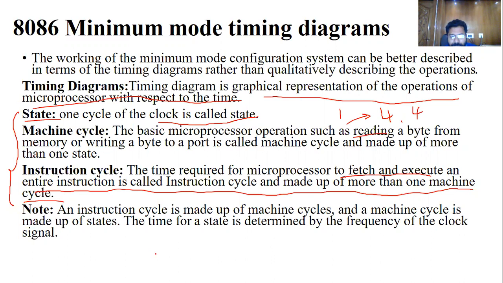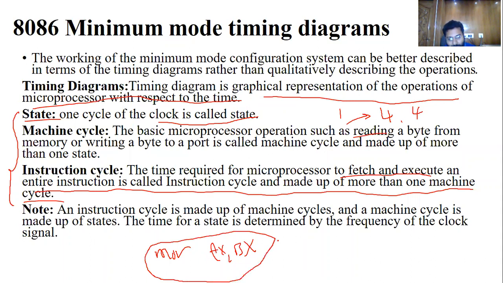For suppose the instruction MOV AX, BX. The number of cycles the microprocessor requires to fetch and decode it is called the instruction cycle. Fetching means the data is available in the memory.